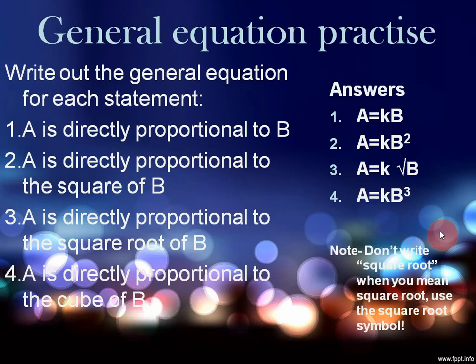So note that you don't write the square root in English, just use the square root symbol. So this is the general practice of these statements. If you get stuck in these statements, when you write the equation, you just use the values of a, b or x, y or p, q or r, s to find the value of k, and then you go further to calculate any kind of unknowns.